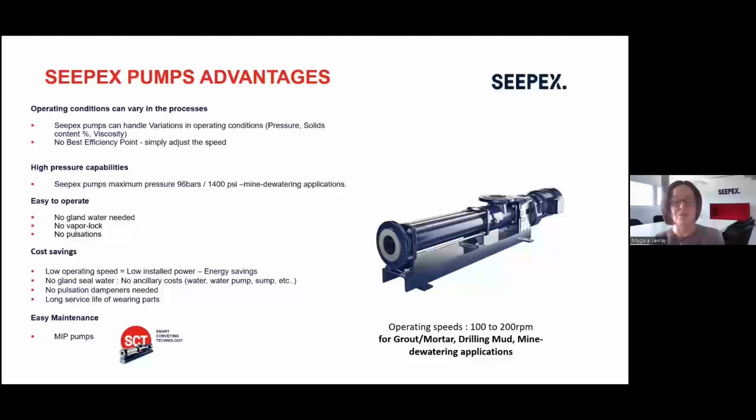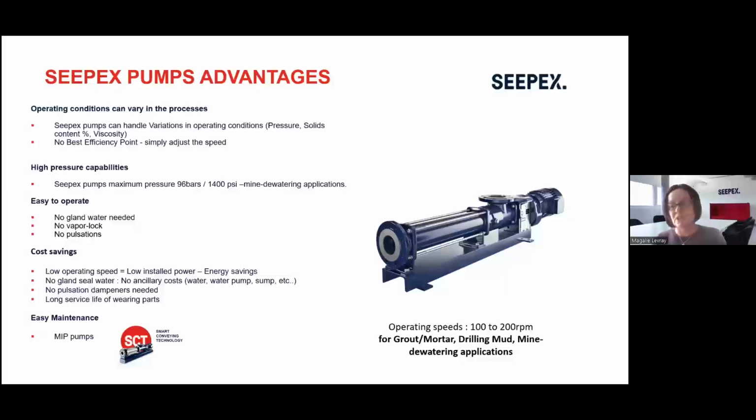That will not be an issue with progressive cavity pumps. We have no best efficiency point. We only need to adjust the speed to recover the flow rate we require. High pressure capabilities: SEEPEX pumps maximum pressure 96 bars, 1400 psi.